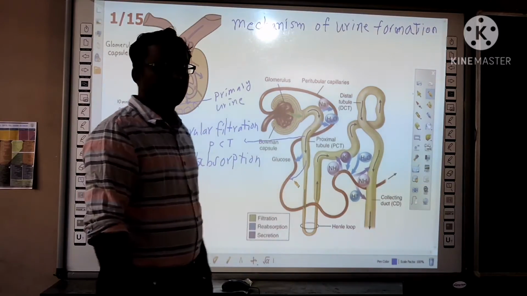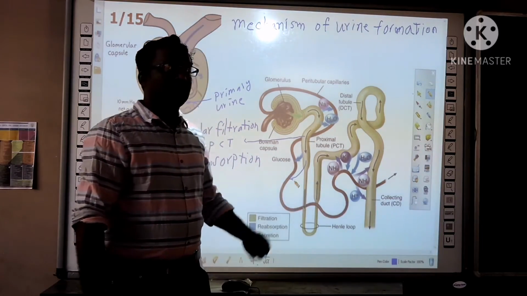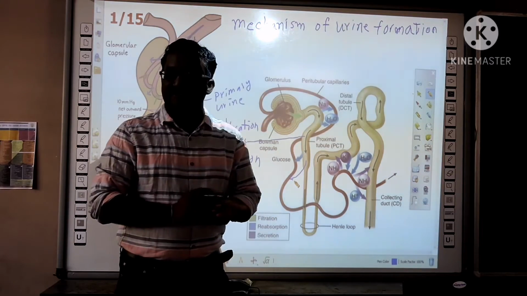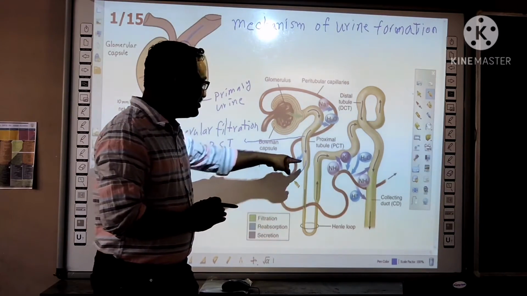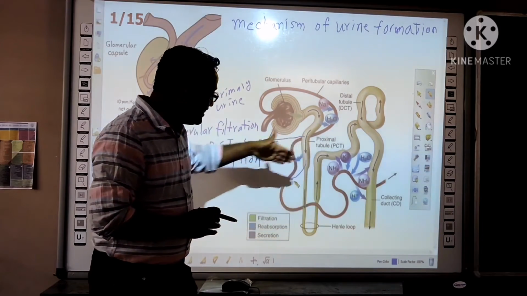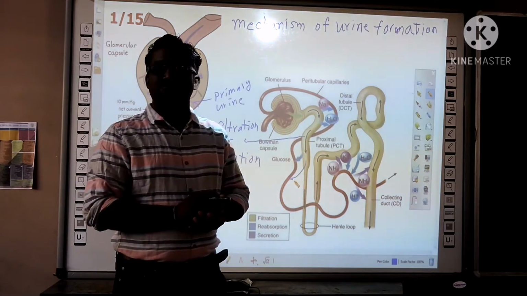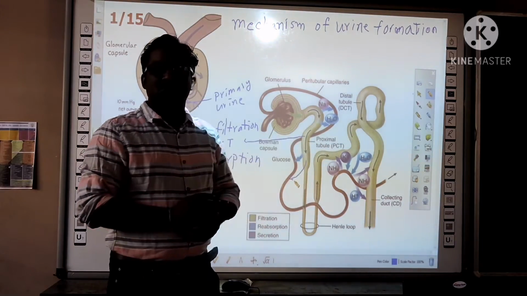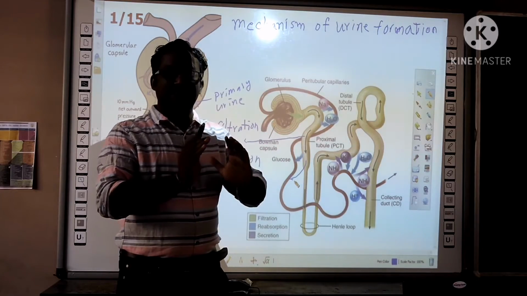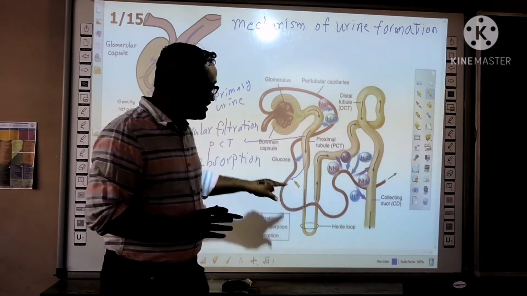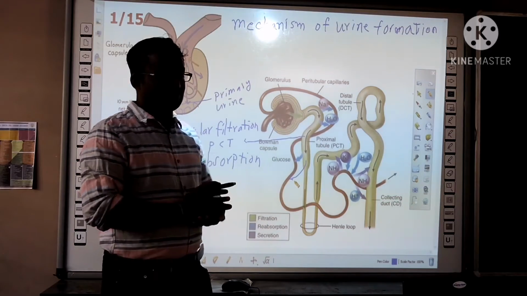Along with water, some important ions, calcium, magnesium and sodium ions are also reabsorbed into the blood. Vitamin C is reabsorbed. Proteins and glucose are reabsorbed. So these important molecules, ions, vitamins and water are reabsorbed in the PCT region.